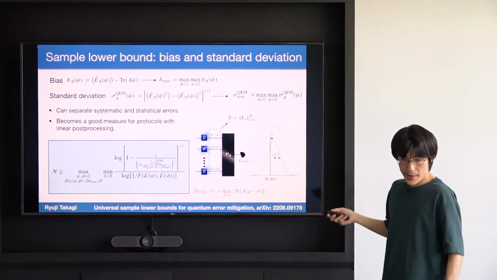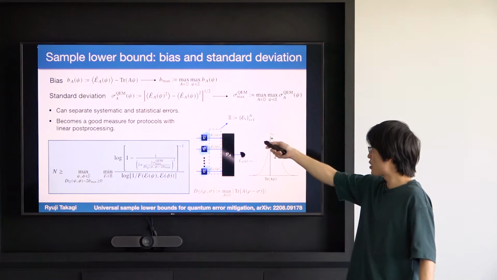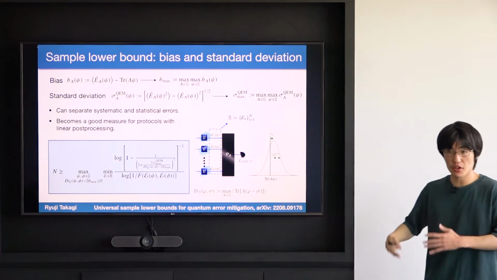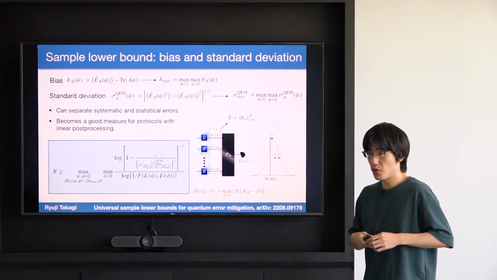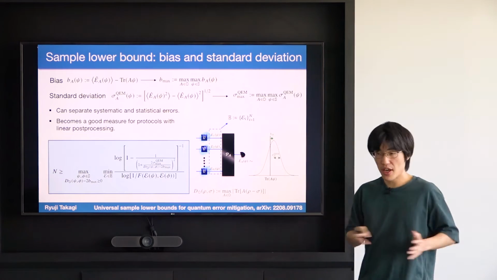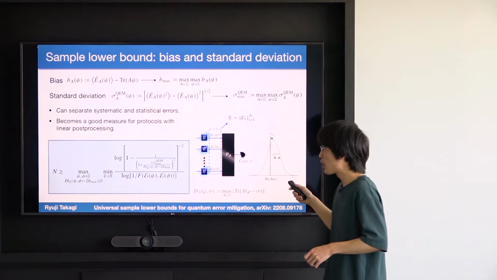The second setup is the bias and the standard deviation. Again, the bias is this, and the standard deviation is the standard deviation of the error mitigated distribution. And one advantage of looking at this framework is we can separate out the systematic error and the statistical error in this way.